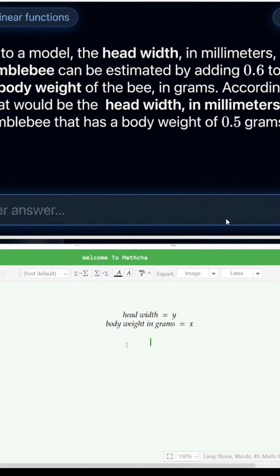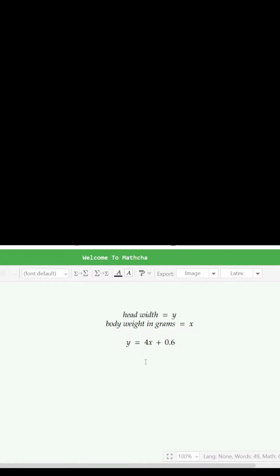Then as per the given condition we can say that y is equal to 4x plus 0.6, because it is 4 times the body weight plus 0.6. This is how the function is given. Now we are asked what the head width would be if the worker bumblebee has a body weight of 0.5 grams. So x is equal to 0.5.